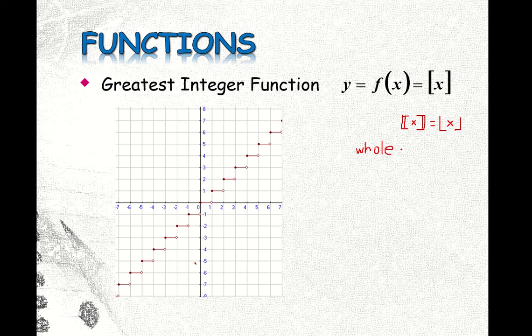And also 0, and the negative whole numbers. So these are the composition of the integers: positive whole numbers, 0, and negative whole numbers.